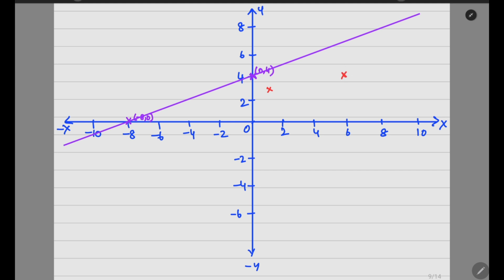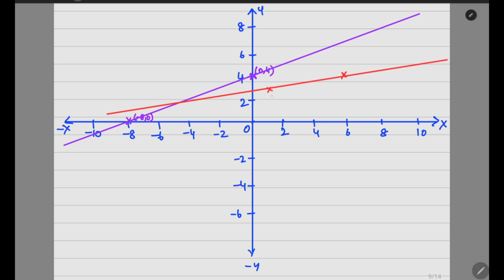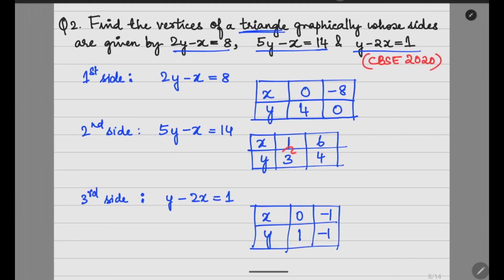So let me draw a line like this. Let me make sure it intersects the two lines. Okay, so this is the second line. What was the first line? It's 1 comma 3 and this is 6 comma 4. So I'm done with 1 comma 3, 6 comma 4. This line is also done.